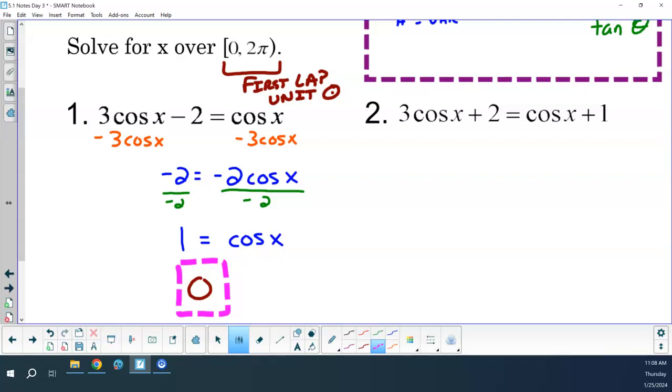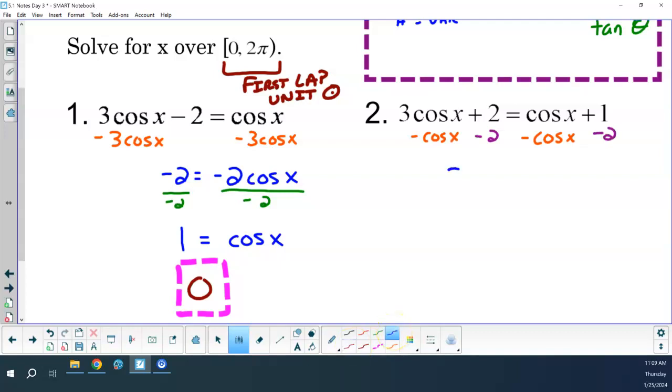How would you go about solving this one for cosine? Subtract cosine from both sides? And subtract the 2? We're smart enough, we can do that all at the same time.